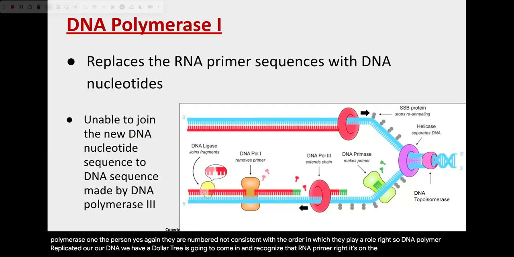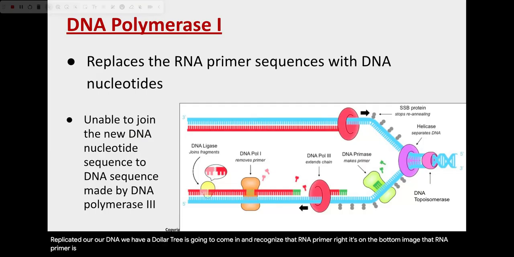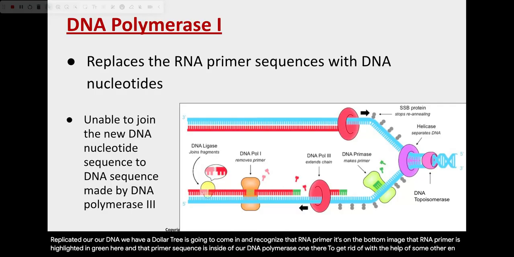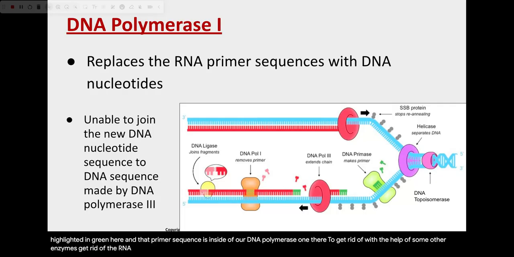Right, so on the bottom image, that RNA primer is highlighted in green here. And that primer sequence is inside of our DNA polymerase 1 there. It's going to get rid of, with the help of some other enzymes, the RNA nucleotides and replace it with the appropriate DNA nucleotides.